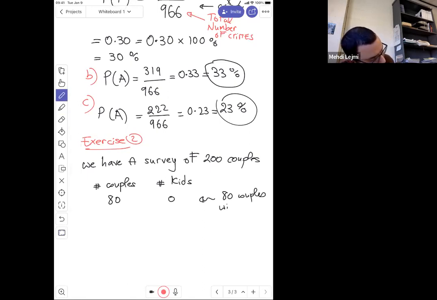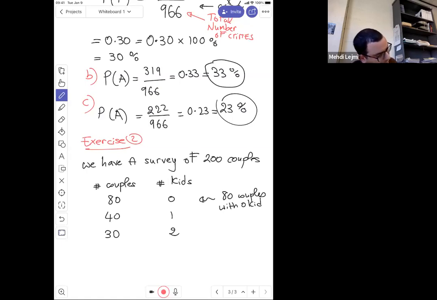Then we have 40 couples with 1 kid. And then we have 30 couples with 2 kids.